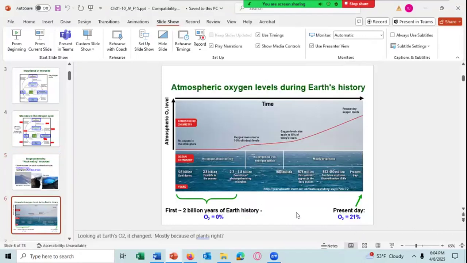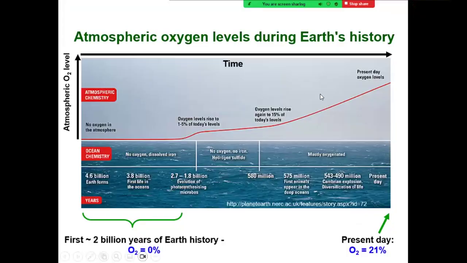If we look at the atmospheric oxygen levels on the planet Earth over time, you'll note that present-day Earth has about 21% oxygen in the atmosphere. But as you go back in time, that level decreases. Greater than 2.7 billion years ago, there was no oxygen in the Earth's atmosphere for the first 2 billion years of Earth's history.